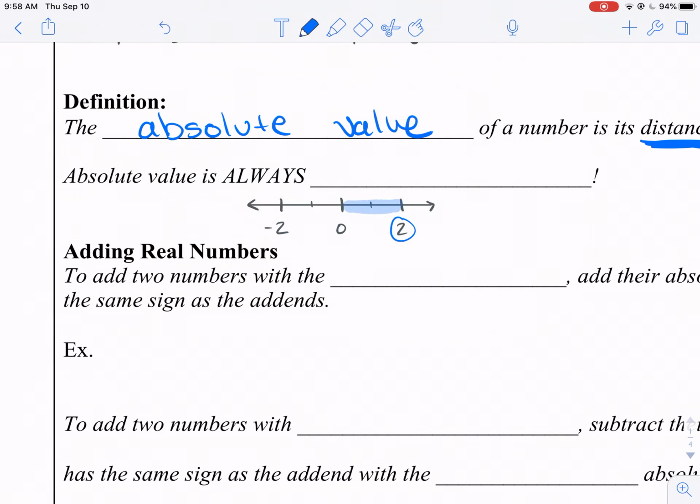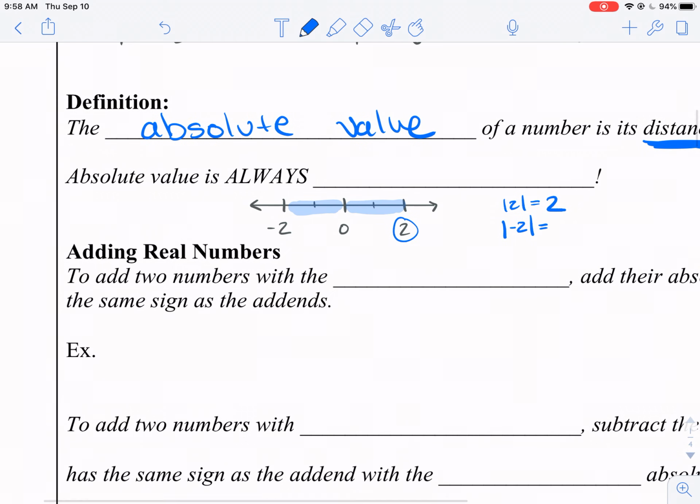The absolute value of 2 is 2. And then we can also go in the opposite direction. Negative 2 is still 1, 2 units away. So the absolute value of negative 2 is still 2. So you notice that absolute value is always positive.